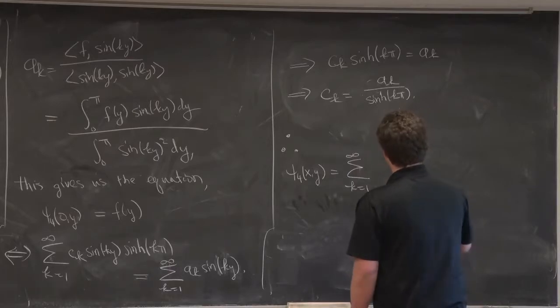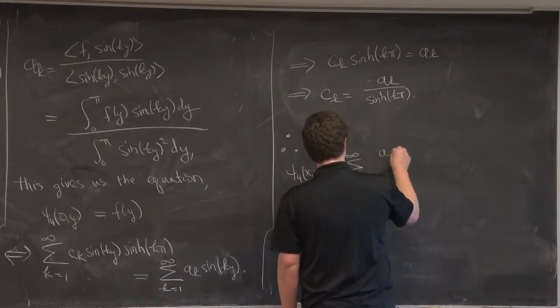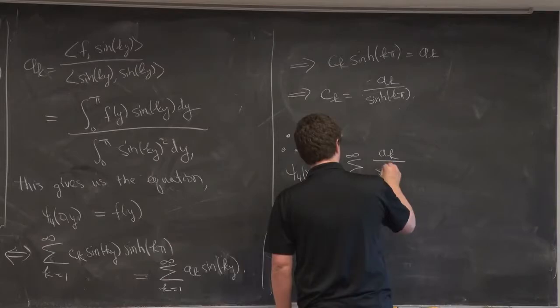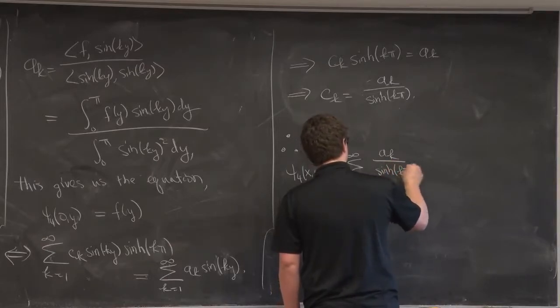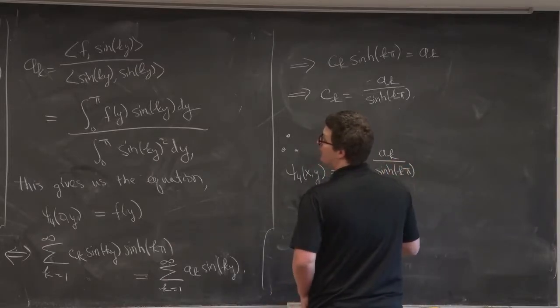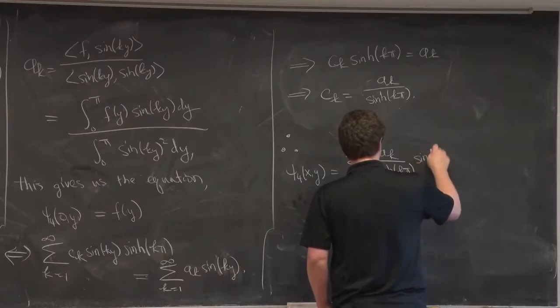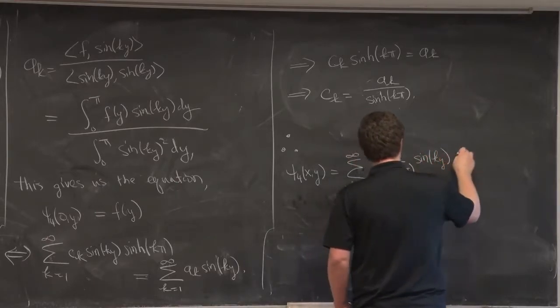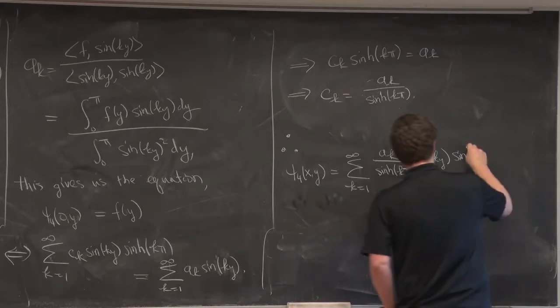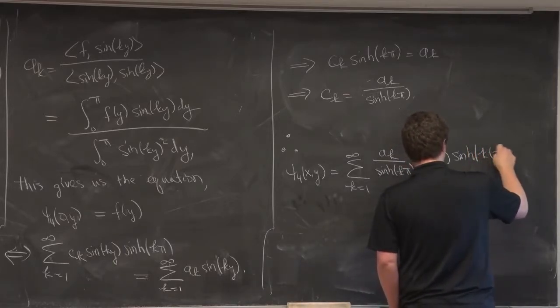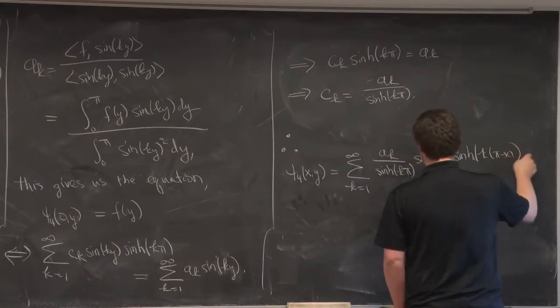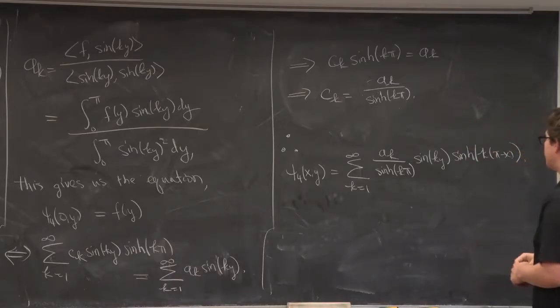So we have a_k over hyperbolic sine of k pi, and then we have sine of ky times hyperbolic sine of k (pi minus x), like so. And a_k will be something explicit if you were to pick a particular f.